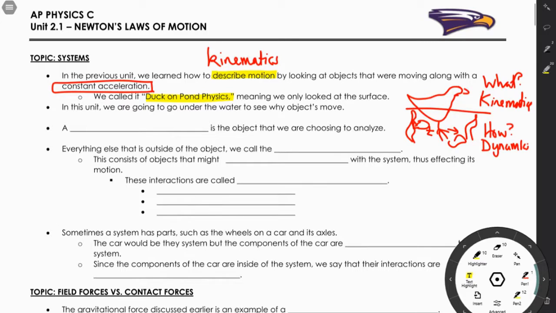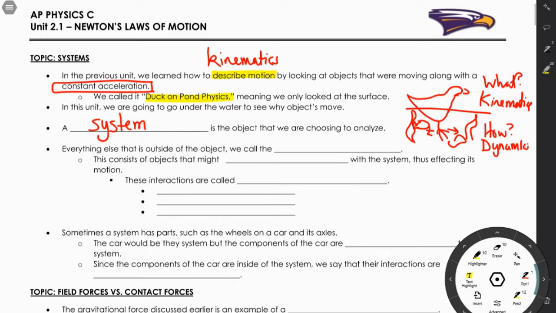Okay. So the first thing we need to do is establish systems. So when you do these problems, we need to focus our attention on something. And what do we focus that attention on? It's our system. And so the system is the object that we're choosing to analyze. And oftentimes it's just simply what's in the problem.